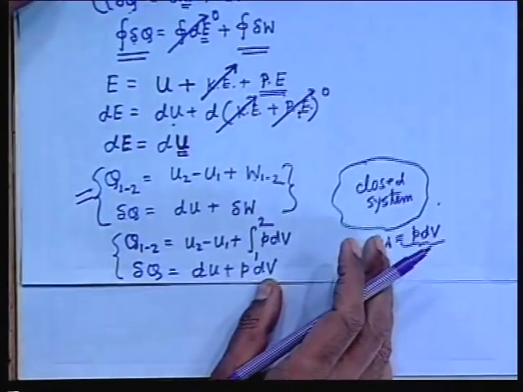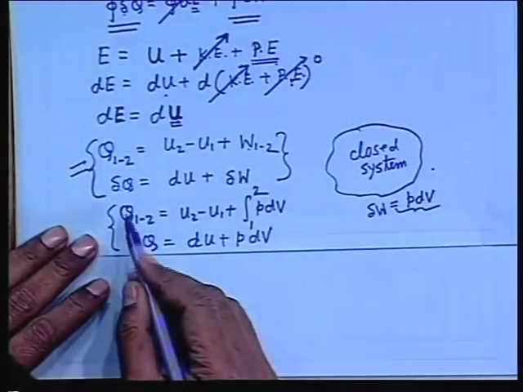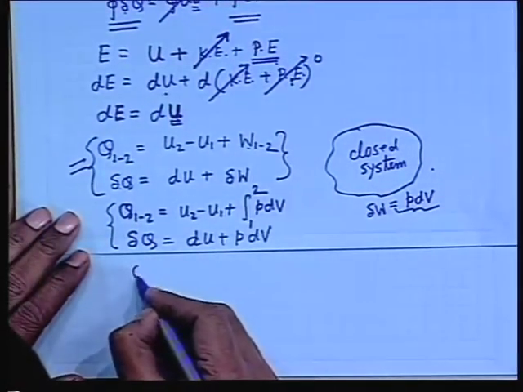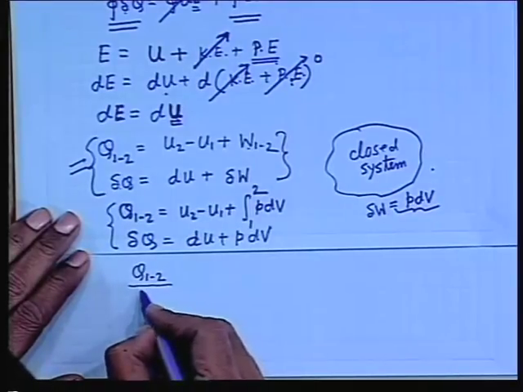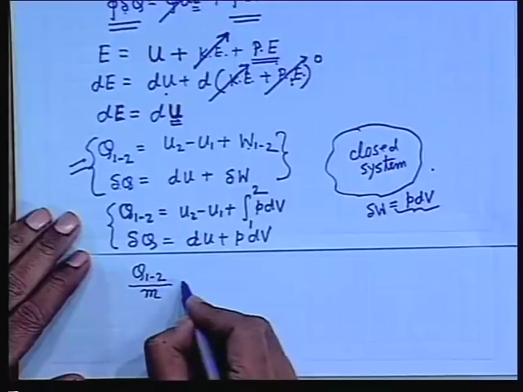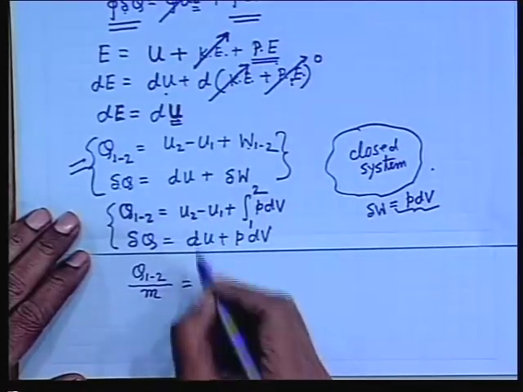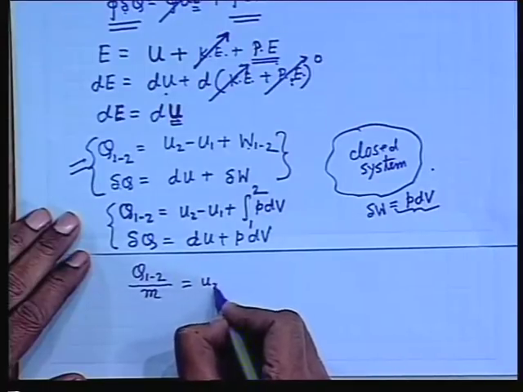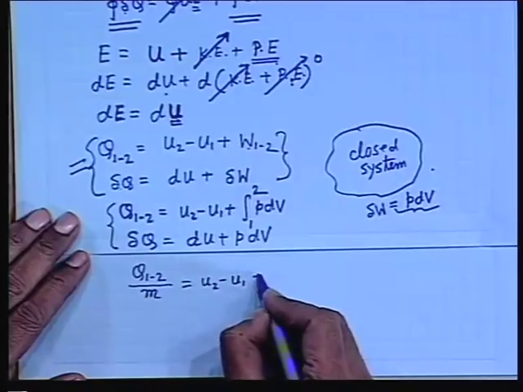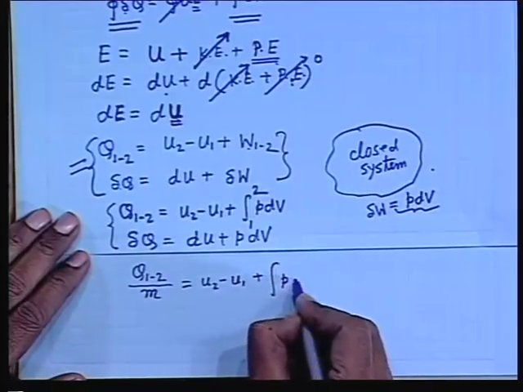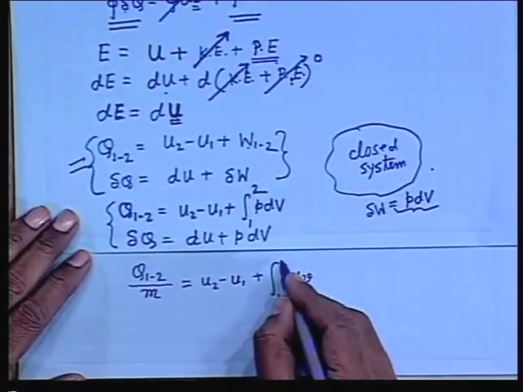Now if we write this expression, sometimes it is written for a closed system conventionally per unit mass. That means if you write for a finite process, let m be the mass of the closed system which remains fixed, then per unit mass this becomes the change in the specific internal energy, expressed as small u. The script is the same but the size is small, small u, and this will definitely be P times specific volume, denoted by small v.